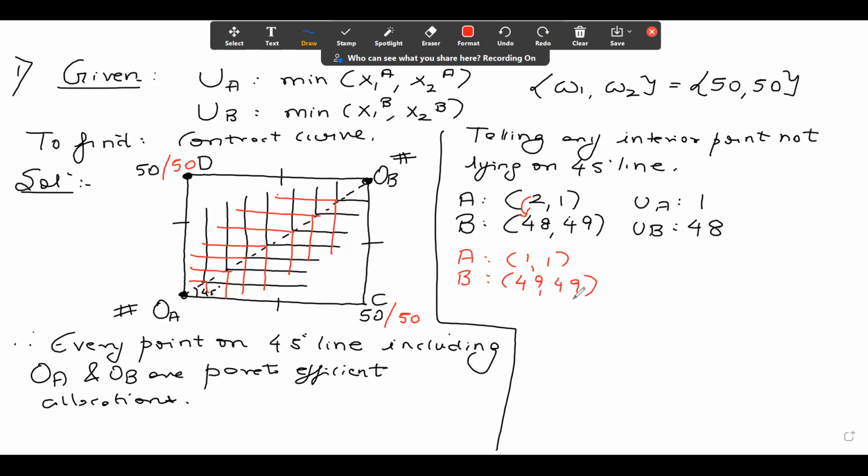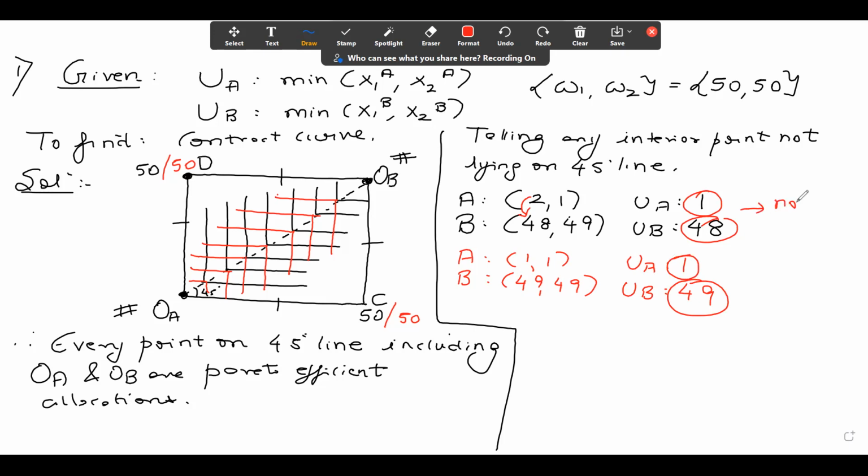Suppose this exchange happens. Suppose A gives the first unit of X1 to B. So what is the utility A is going to get now? Min of 1, 1, which is 1. What is the utility B is going to get? Min of 49, 49, which is 49. You can clearly see, guys, B has become better off than before without making A worse off.